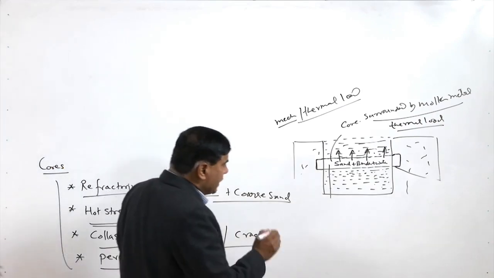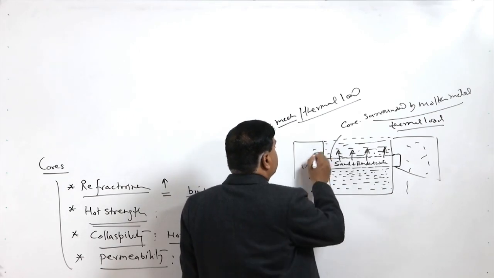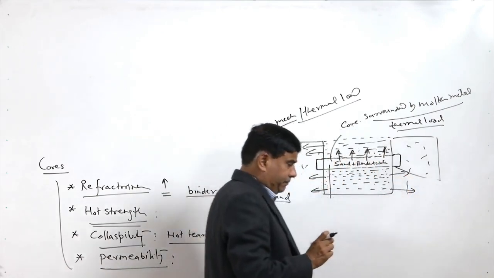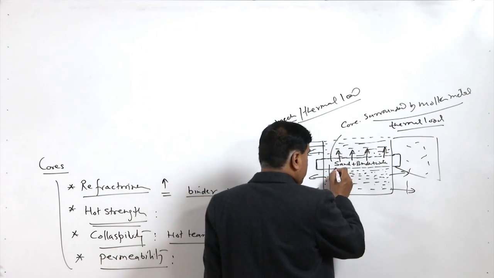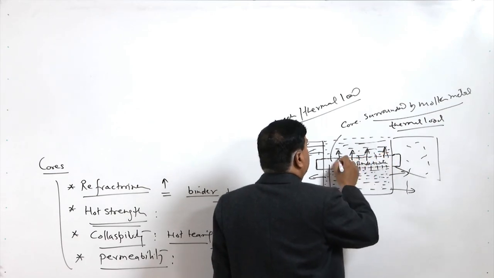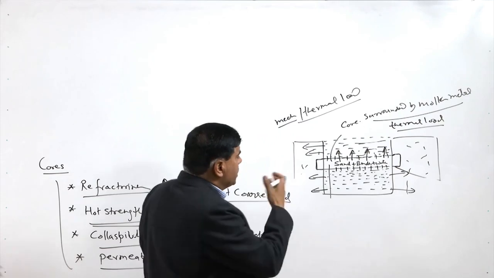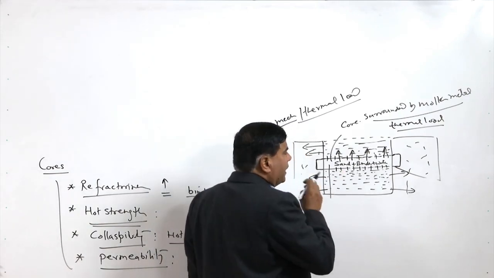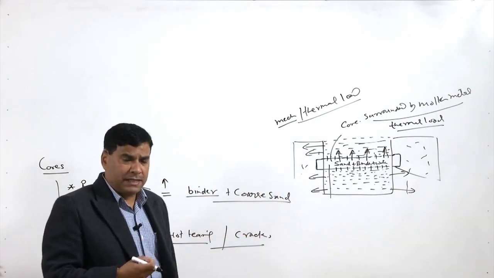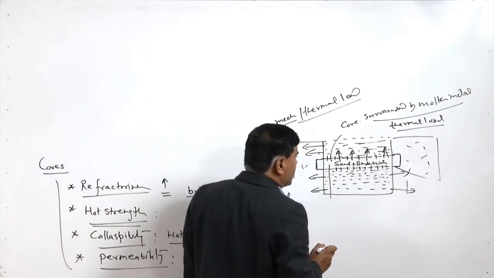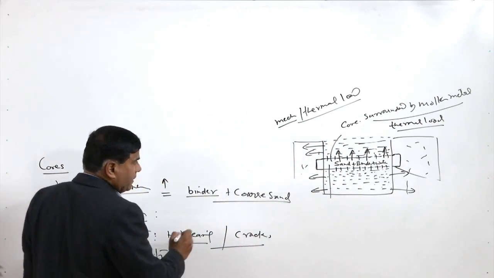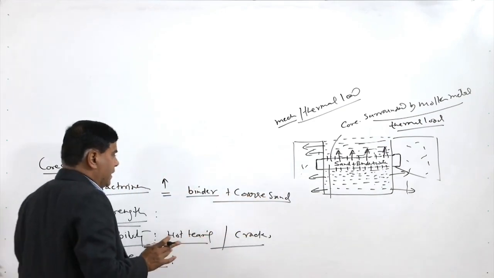In the case of the molds there is a lot of area and space through which the gases can escape, but in the case of the cores, the gases which are produced by the core-molten metal interaction and the removal of moisture from the core should get enough passage for escaping, so that porosity is not produced due to the presence of these gases, and therefore, the permeability of the core sand must be better than what is there with the molding sand.